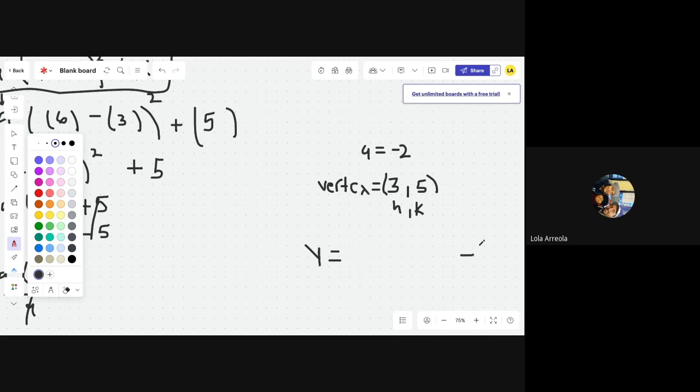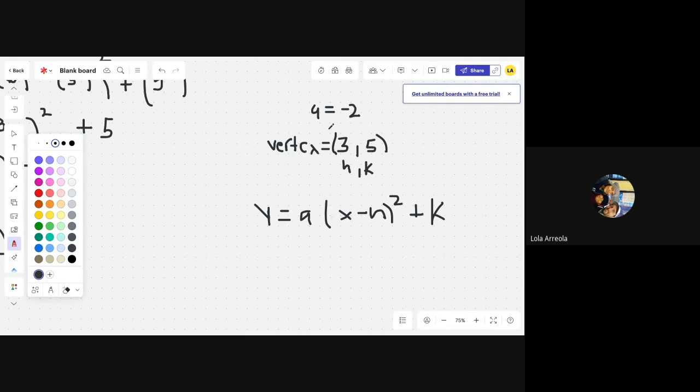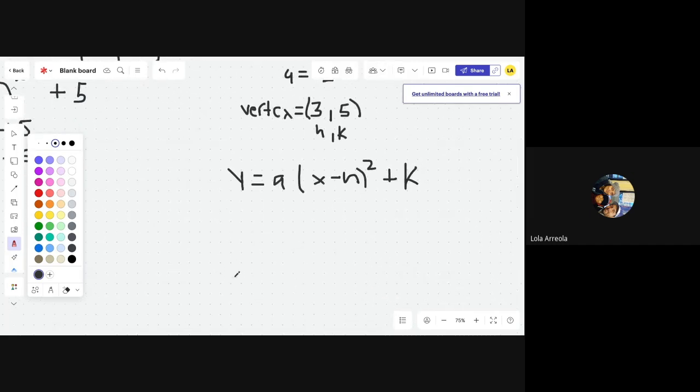Okay, so now I'm not plugging in values for x and y, just h, k, and a. That's why I only need these values. I solved for a. That was the whole point of doing this work. Now that I have a, I just need my a and the vertex to finally fulfill the equation.